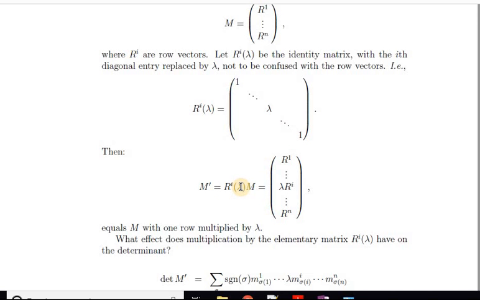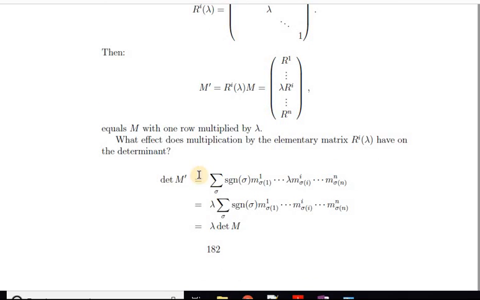Now, what does multiplication by lambda do to the determinant of the matrix M? What I've done is take M and multiply the ith row by lambda. How does that change the determinant? If I look at the determinant of M prime, the only difference between M prime and M is that in the ith factor of this product, I replace m_{i,sigma(i)} with lambda times m_{i,sigma(i)}.